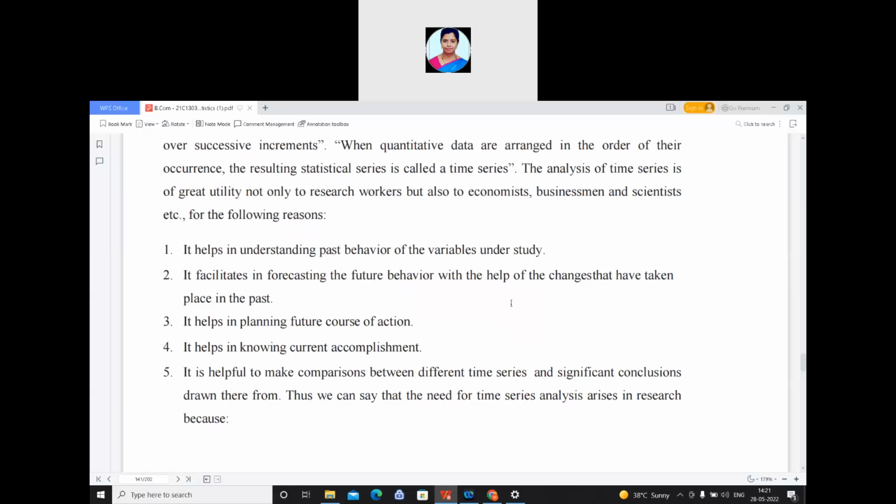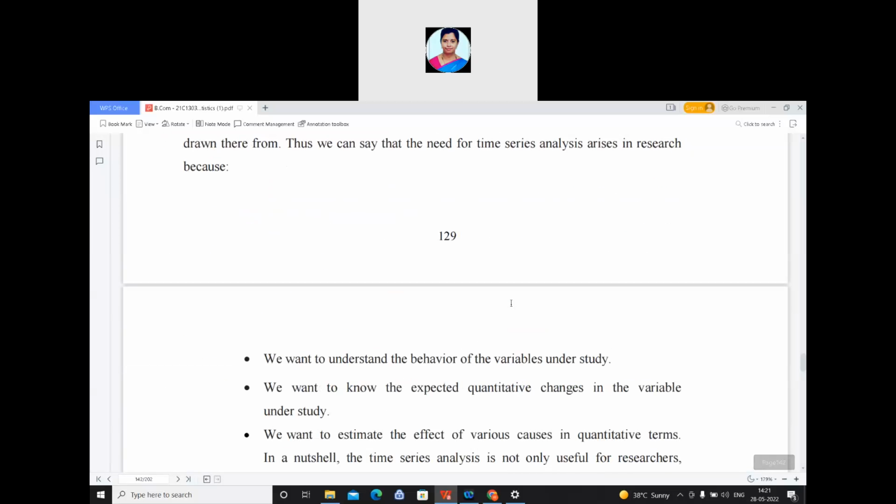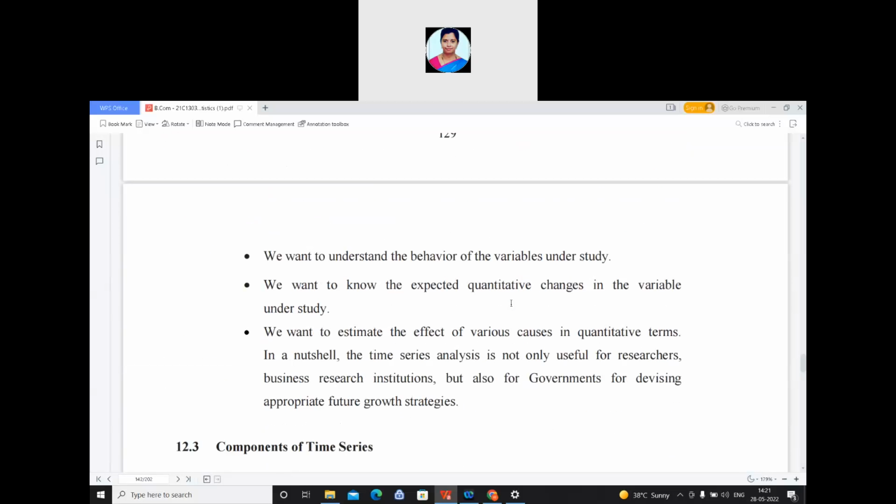We can say that the need for time series analysis arises in research for the following reasons. These are the valuable points we have. Researchers need time series to understand the behavior of the variables under study.